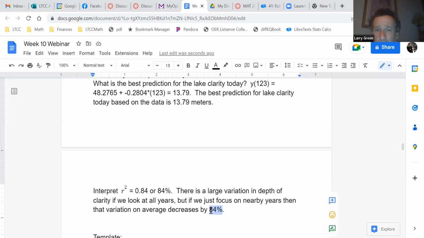Anyone know what other things, and this is not a math question, might explain the variation also in Tahoe? And here's a hint. My guess is this year, 2023, we're going to have a very low depth of clarity. And it's not because I polluted the lake badly. I didn't do that. But any guess?